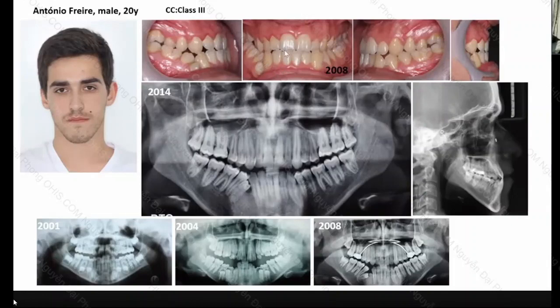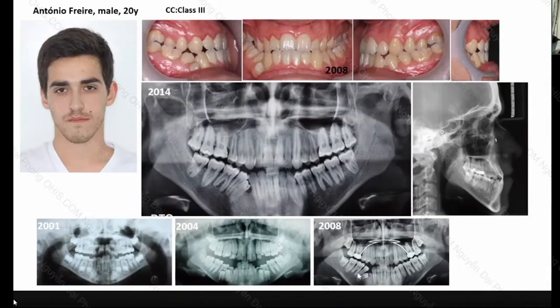So you can see here, he brought a panoramic X-ray from 2001. There is no problem here, but in 2004, the milk teeth are slowly gone and premolar extraction starts, but the posterior part is pushing more forward and inclining the premolar and molar.